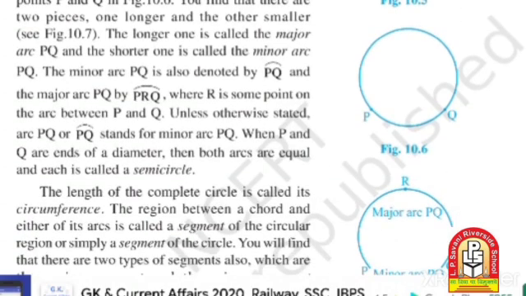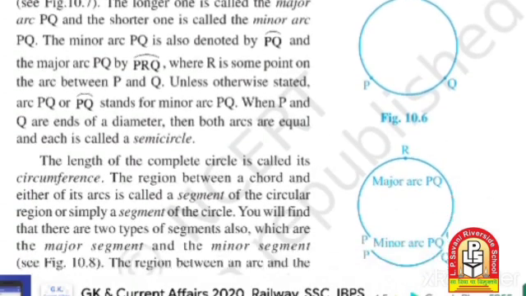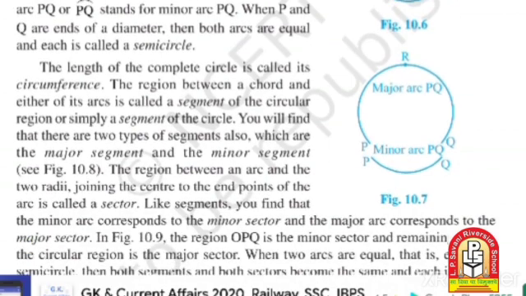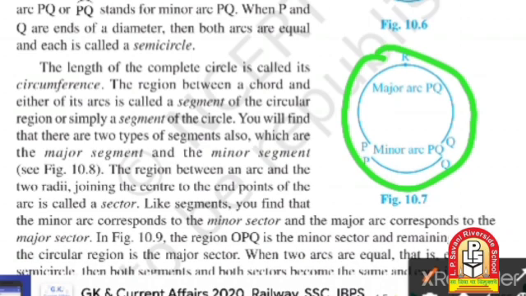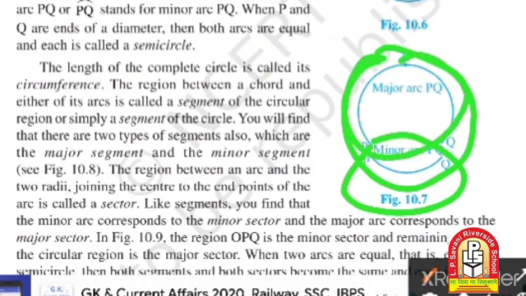Then, circumference: the length of the complete circle is called its circumference, meaning periphery. Circumference means periphery, and here there are figures of the minor arc and major arc.